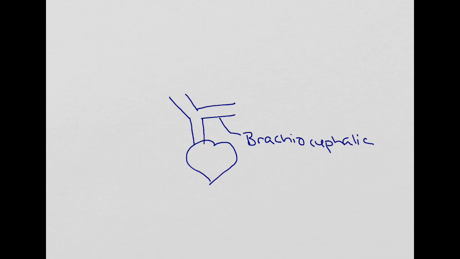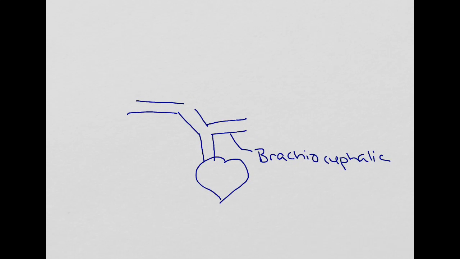So we only have one brachiocephalic artery on the right side, but for the veins we have one on the right and left side. Both brachiocephalic veins are formed by the union of a subclavian vein and an internal jugular vein.